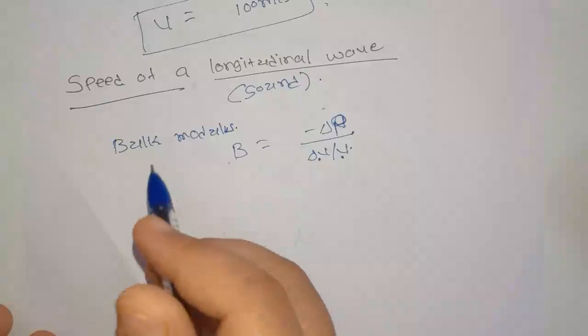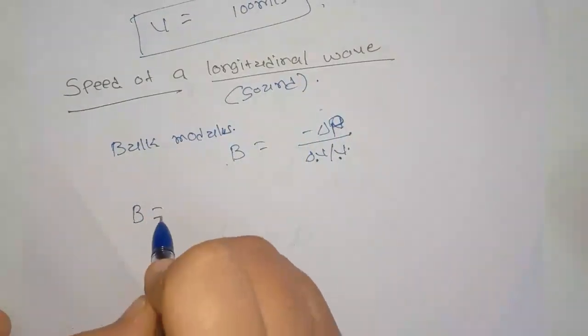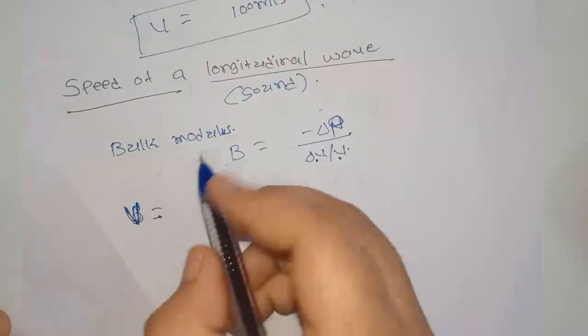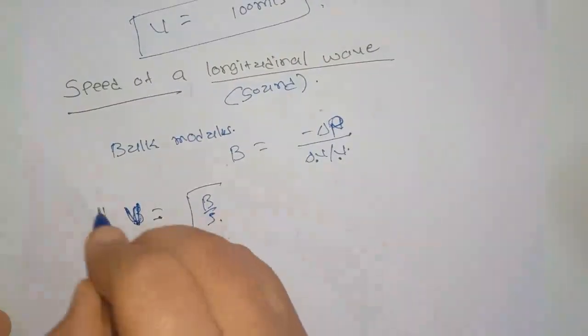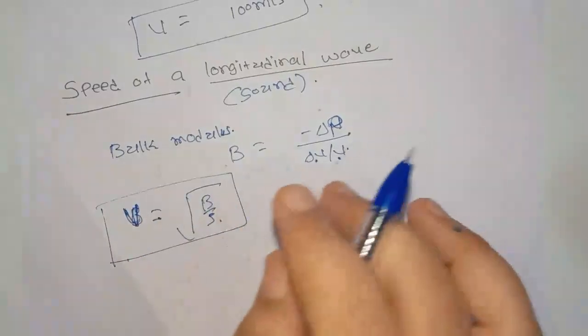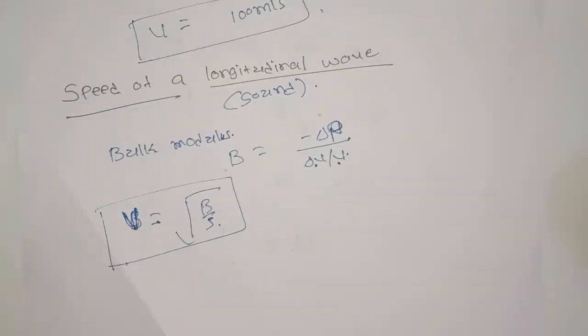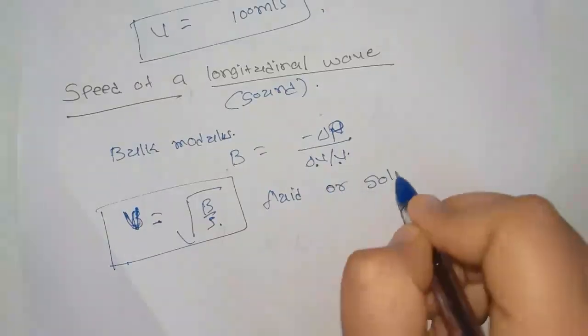So, by simple dimensional analysis, we can write speed of sound wave is equal to under root B by rho. This will be the formula of speed of sound through any medium, fluid or solid.